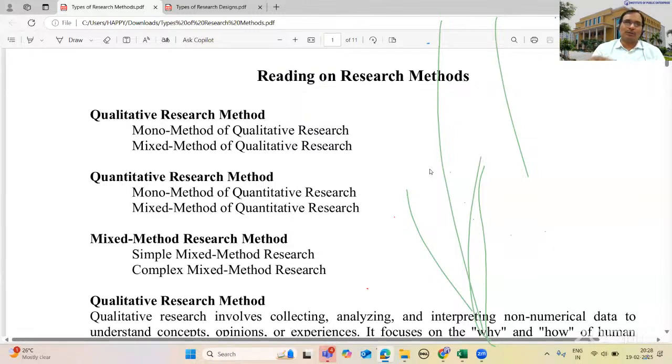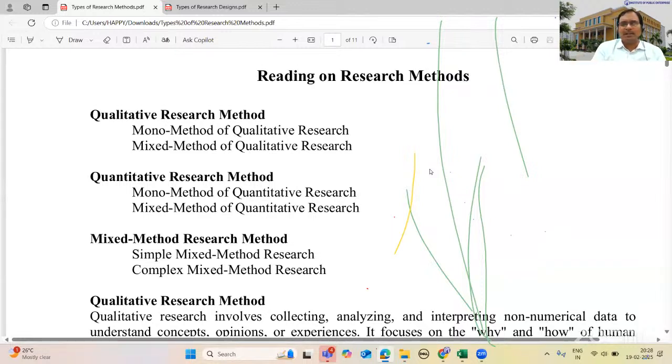Using those inputs from the focus group discussions, you can also go for snowballing, go to another set of people, get data from them, combine all that, then prepare a questionnaire, a survey instrument, and get the primary data. We call this a sequential design: first the qualitative, followed by the quantitative, then triangulation. This is one way of mixed method research.